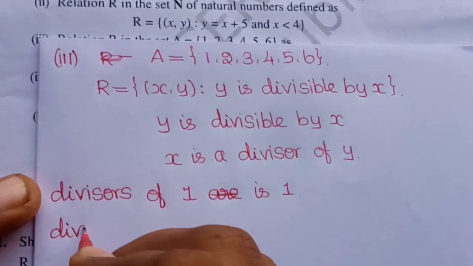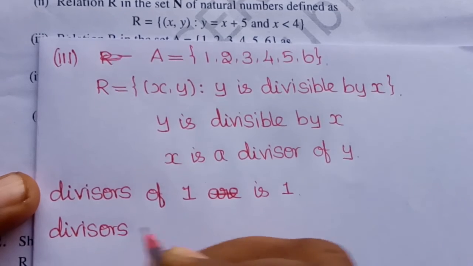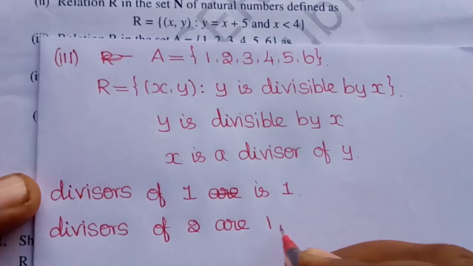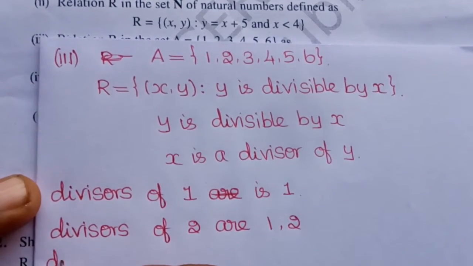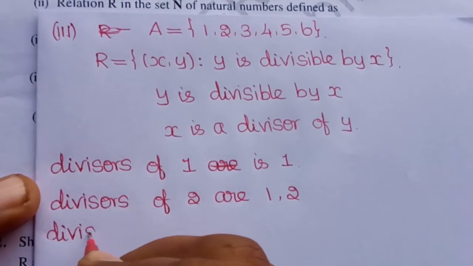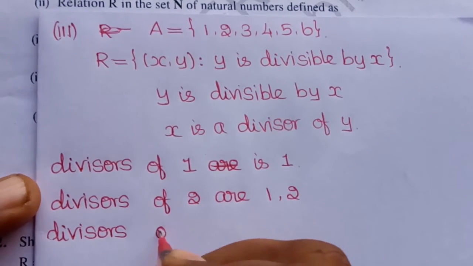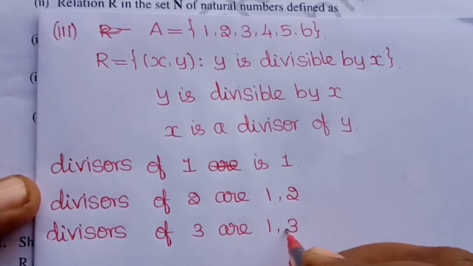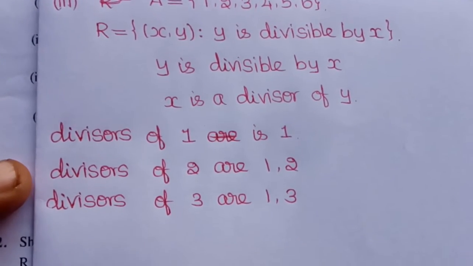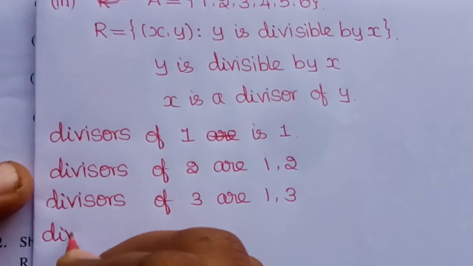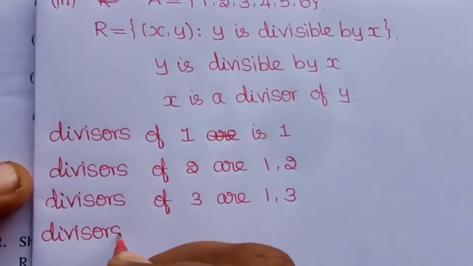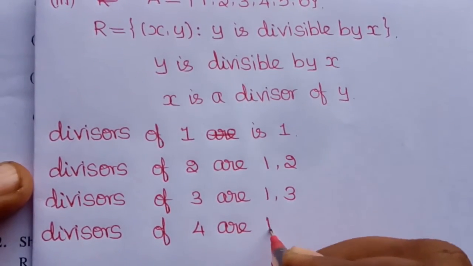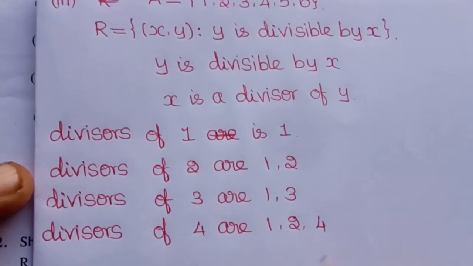Now divisors of 2 are 1, 2. The next, divisors of 3 are 1, 3. Divisors of 4 are 1, 2, 4.